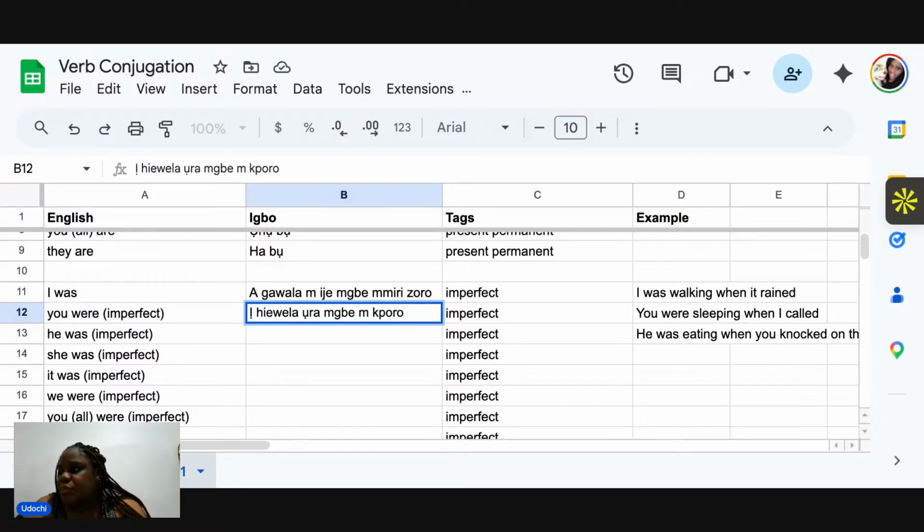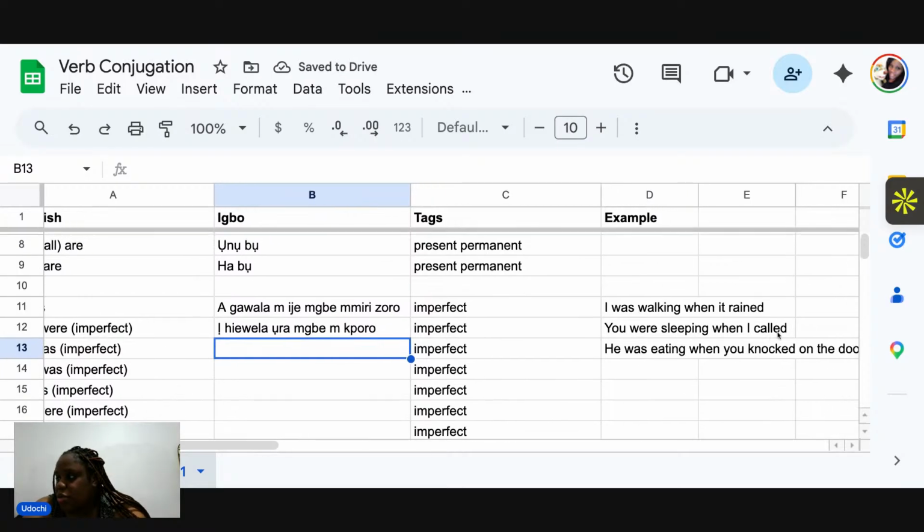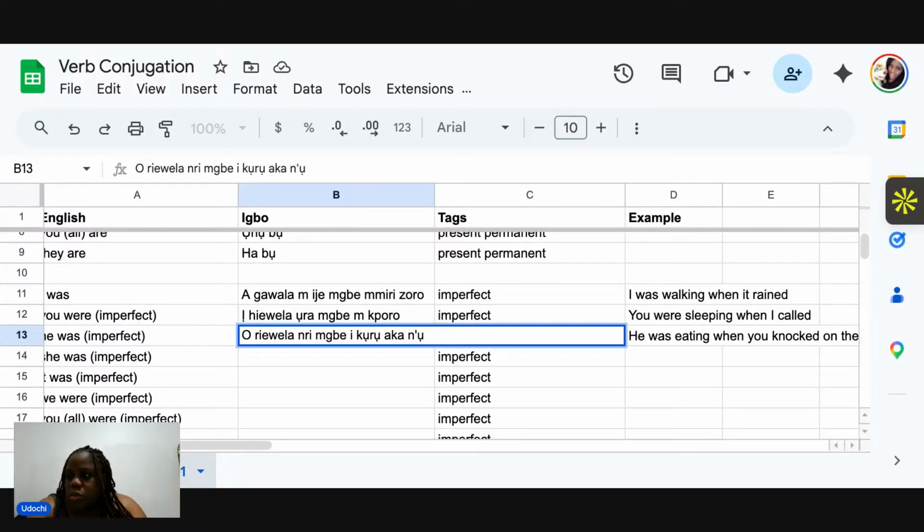Now this next one is he was eating when you knocked on the door, right? This is o riewela nri mgbe ị kụrụ aka n'ụzọ.